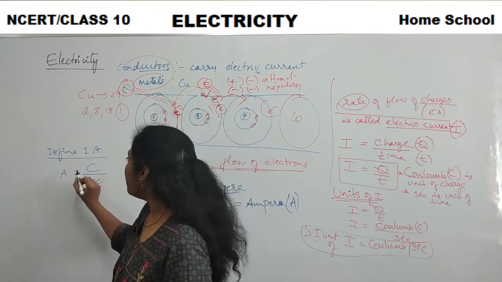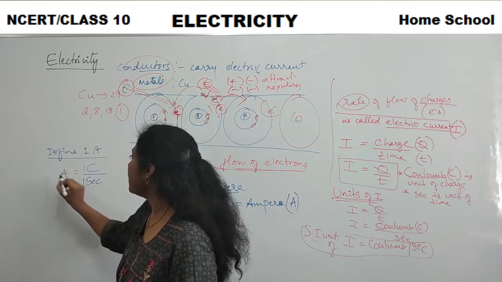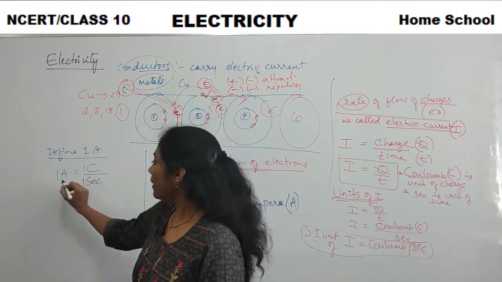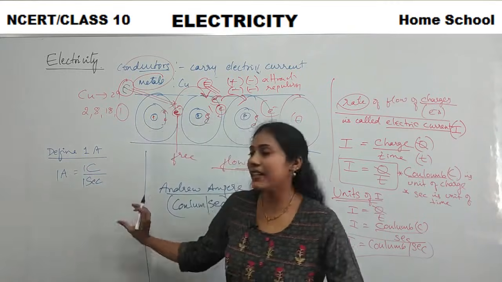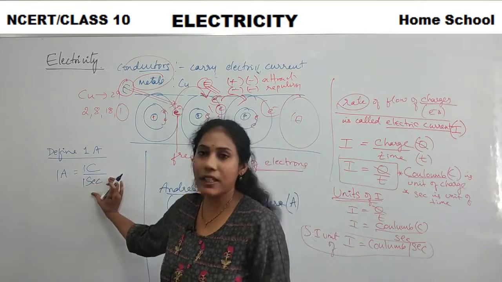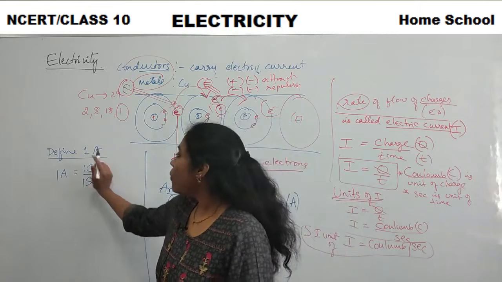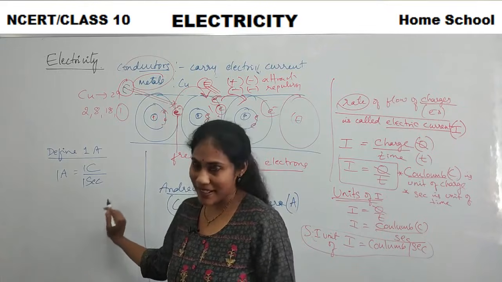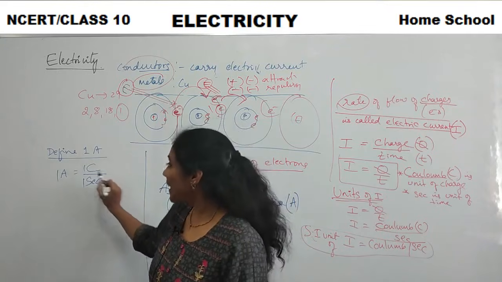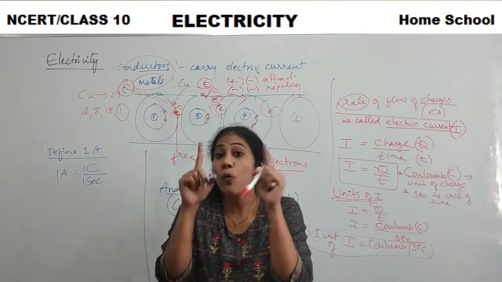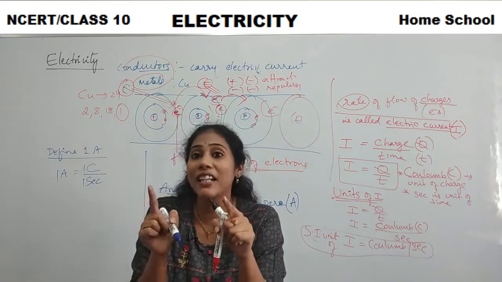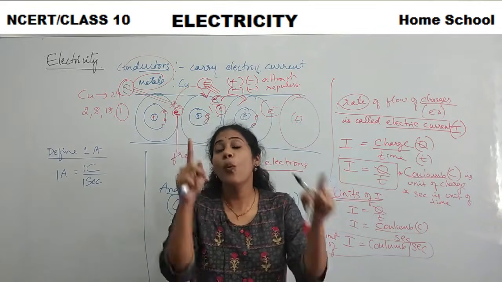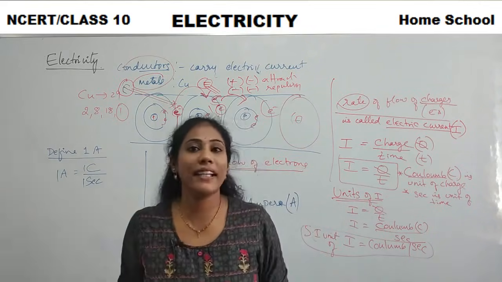So if I put 1 and 1 here, what sentence will you create out of this formula? 1 coulomb of charge passed in 1 second is called 1 ampere.